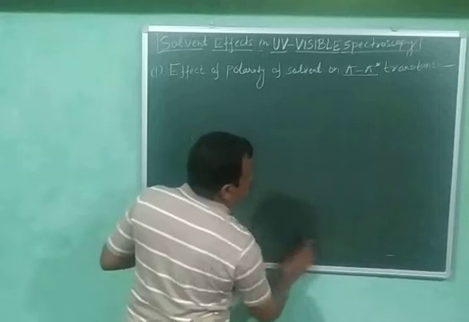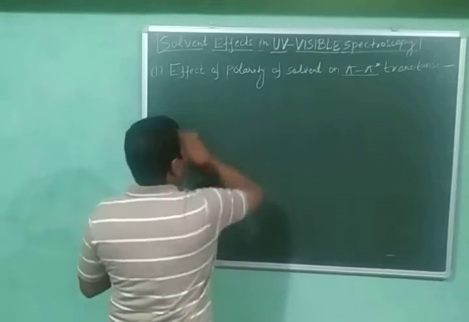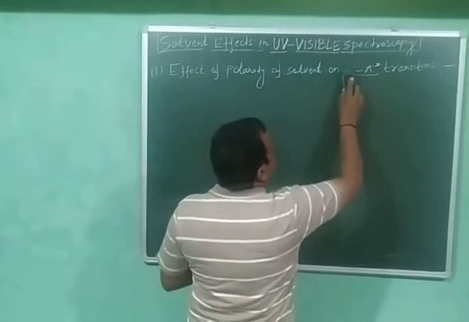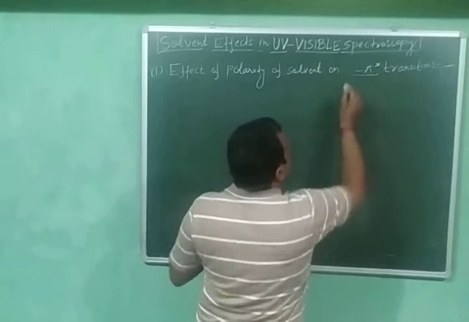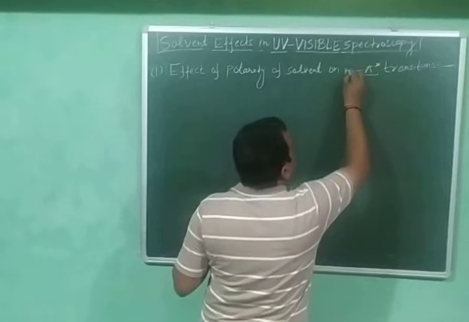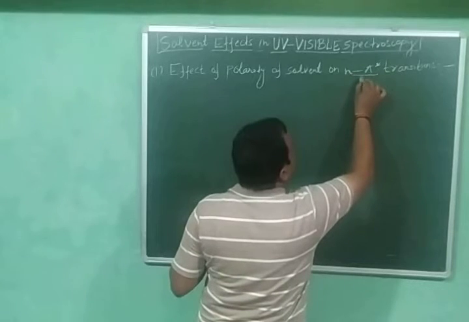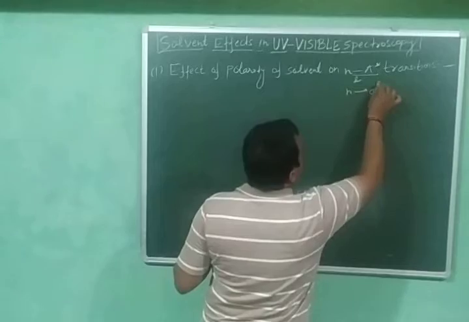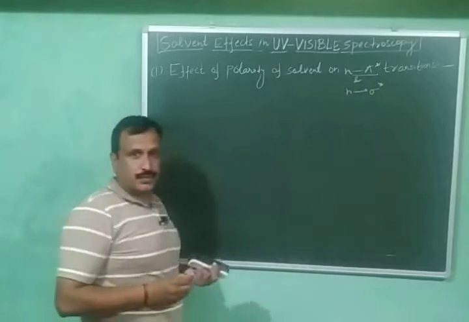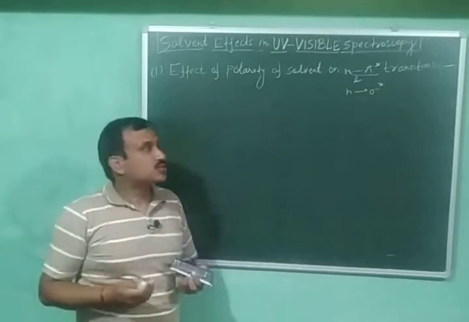I will replace this pi here with n. So the effect of polarity on the n to pi star and n to sigma star transitions. Okay, so let us represent this transition.